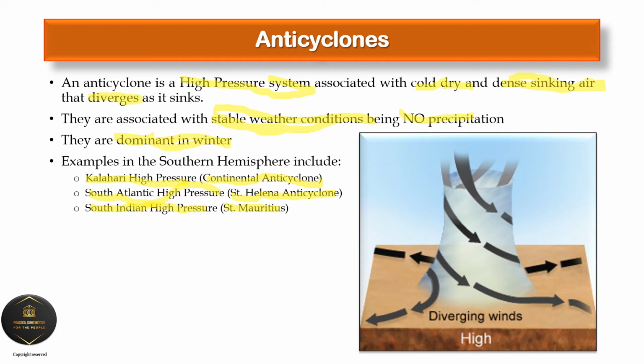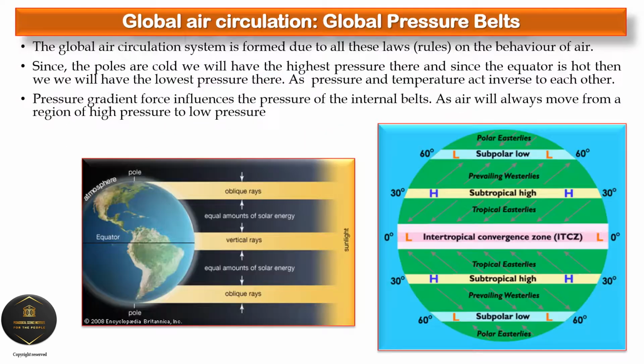And remember, guys, it is important for you to put that south, because we refer to these specific anticyclones in reference to our position, which is us living in the southern hemisphere. So that's what's in your syllabus, the anticyclones we find in the southern hemisphere. So please always remember that.